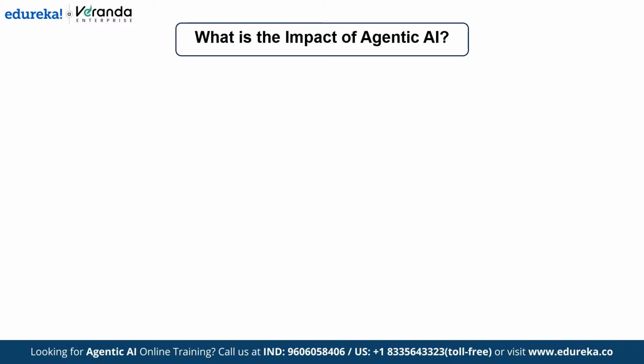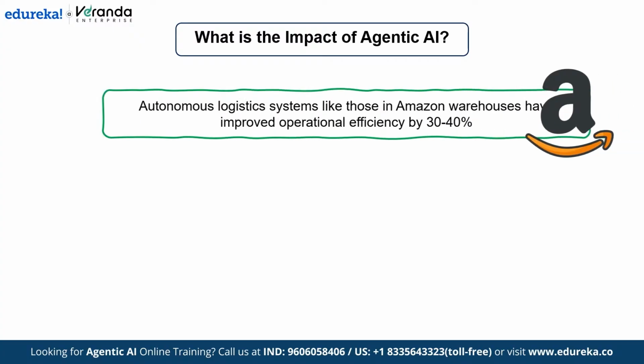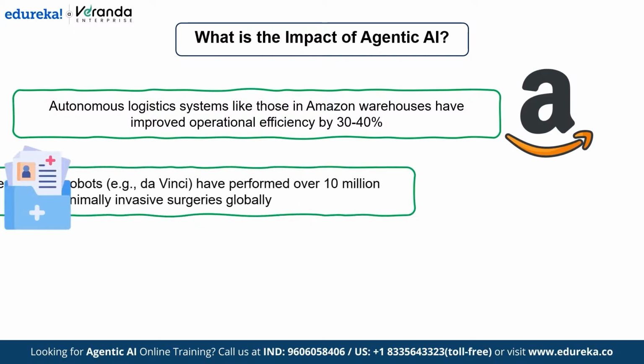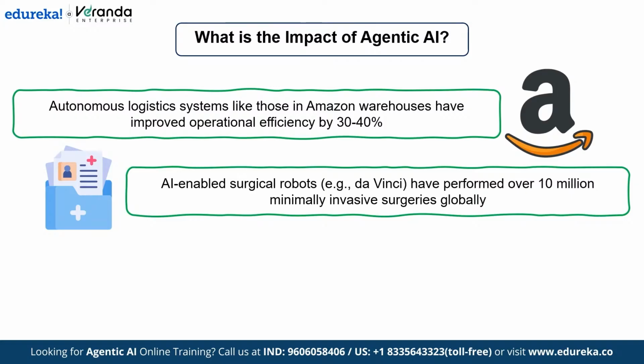Agentic AI has had a profound impact across various industries, transforming operations and solving long-standing challenges. Autonomous logistics systems such as those in Amazon warehouses have significantly improved operational efficiency by 30 to 40%. In healthcare, AI-enabled surgical robots like the da Vinci system have performed over 10 million less invasive procedures worldwide, enhancing precision and patient outcomes.